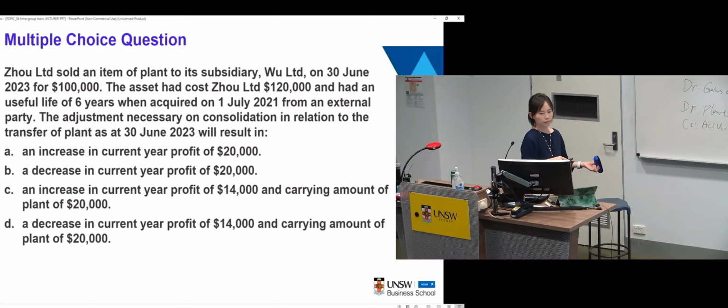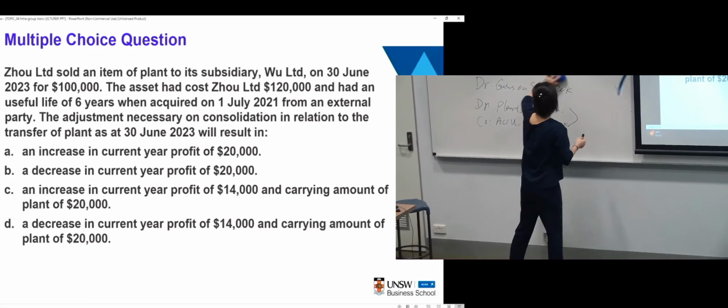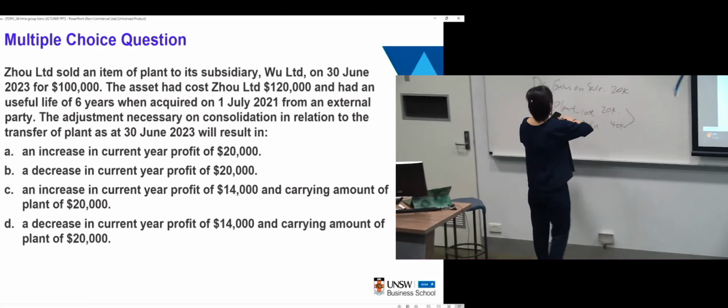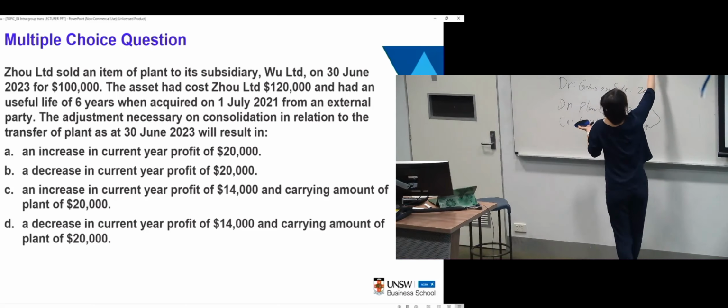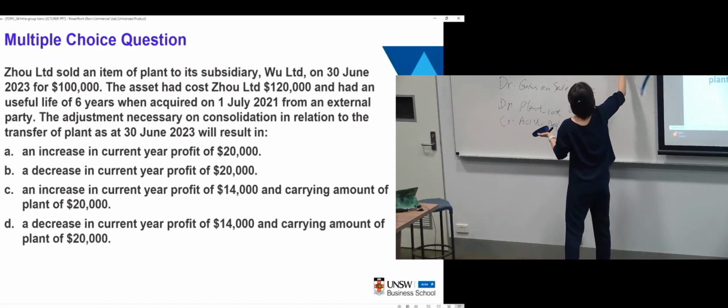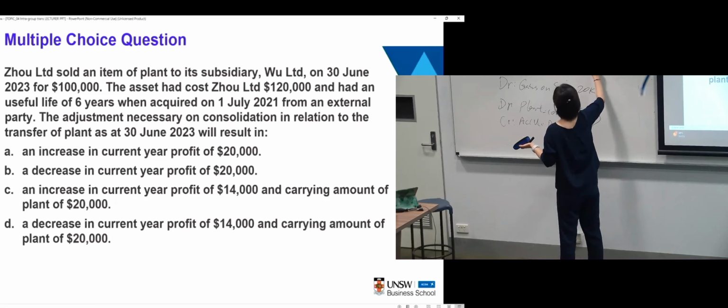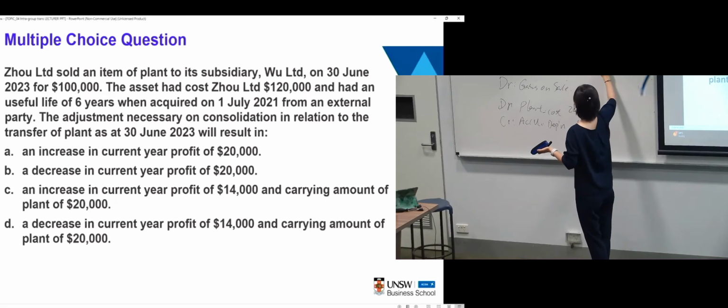It is 80,000. That's right, it is 80,000. See, after transfer, it's Wu Limited, right? What is Wu's record of the plant? 100,000, that's right.